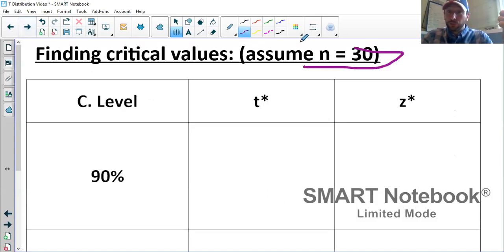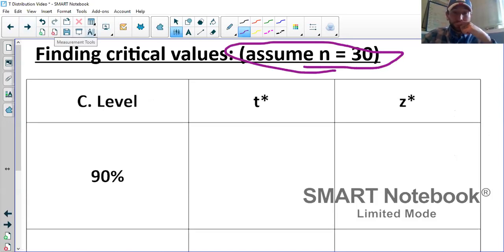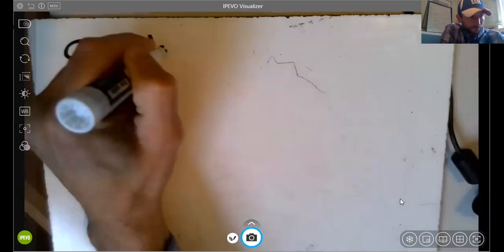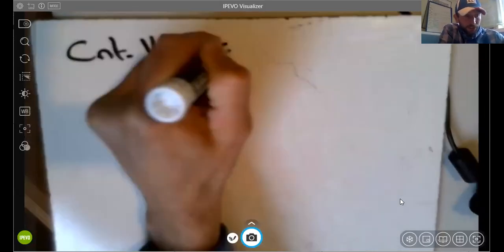We'll assume n equals 30 because we do need a sample size for degrees of freedom, and we'll look at those in two ways. So first up, let's jump here. The critical value, that's our Z star, that's our T star.